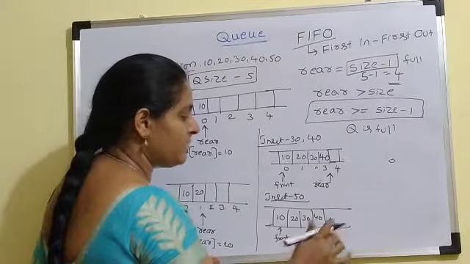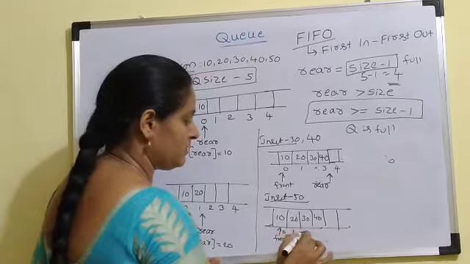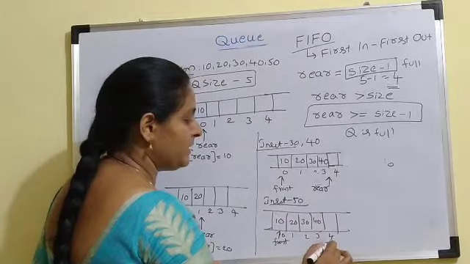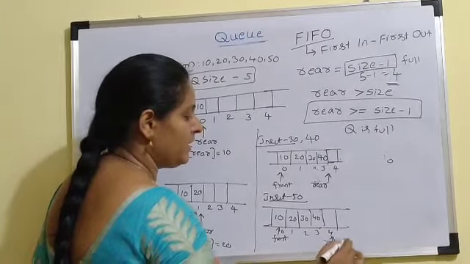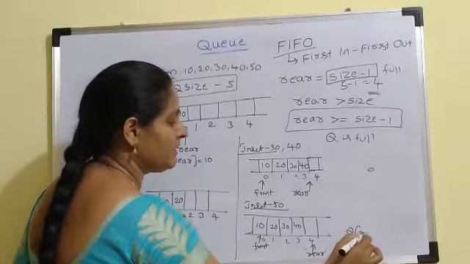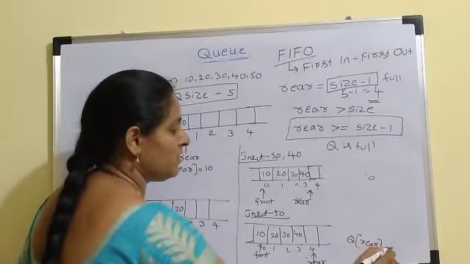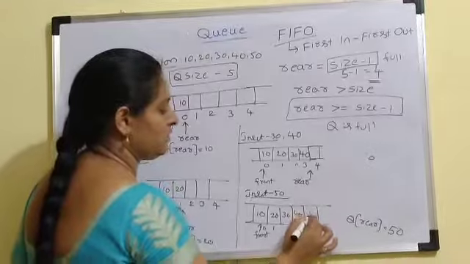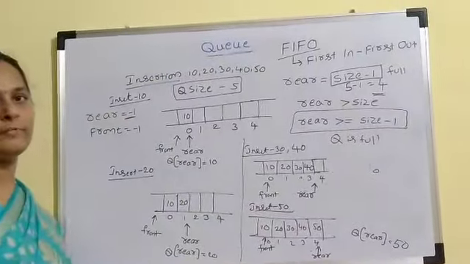Increment the rear pointer by 1, and wherever the rear is pointing, at that position, insert the value 50. So here we can insert 50.